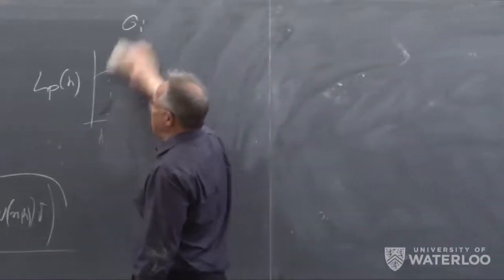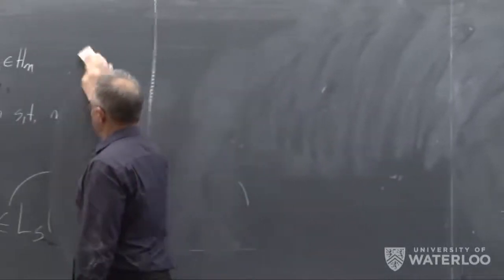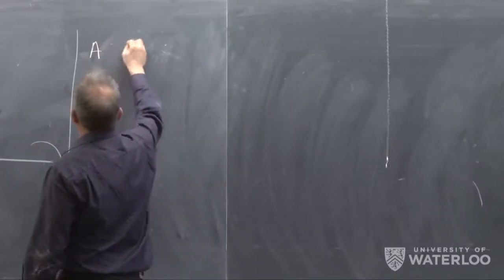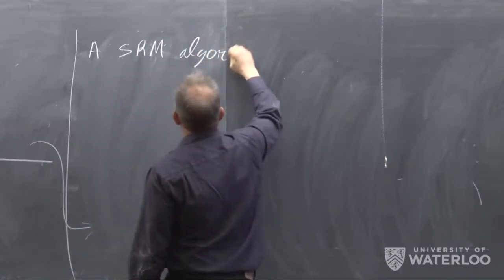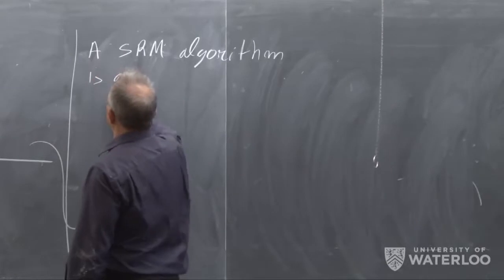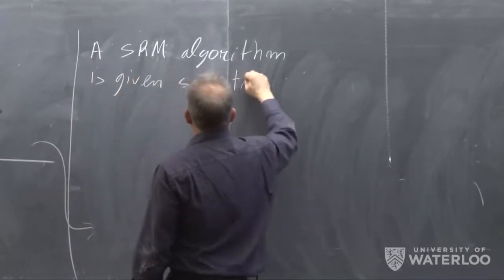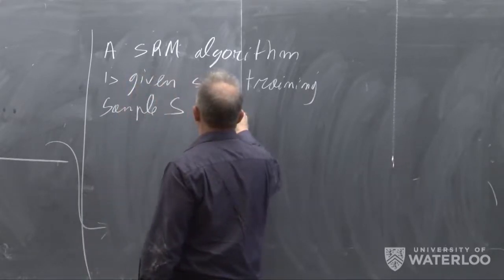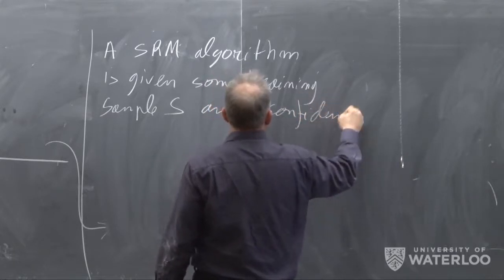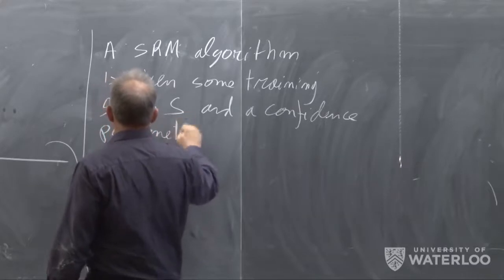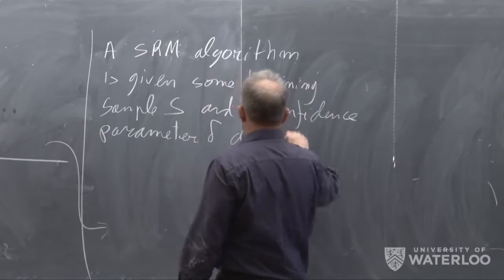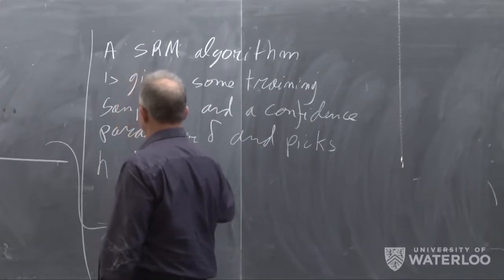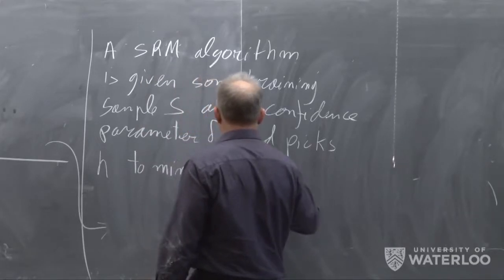So, in conclusion, a structural risk minimization algorithm is given some training sample S and a confidence parameter delta, and picks h to minimize this bound, the error bound.